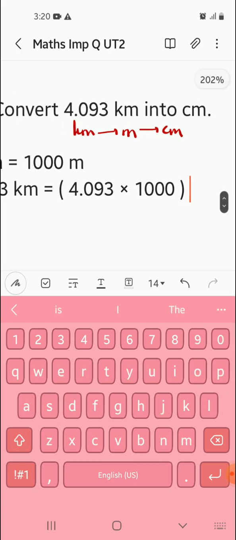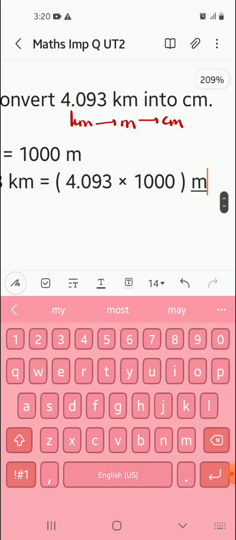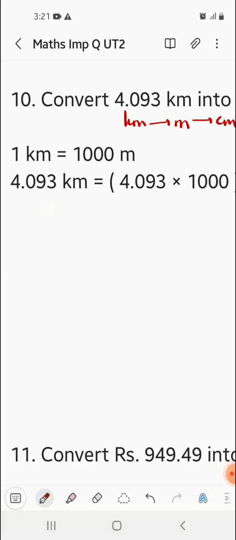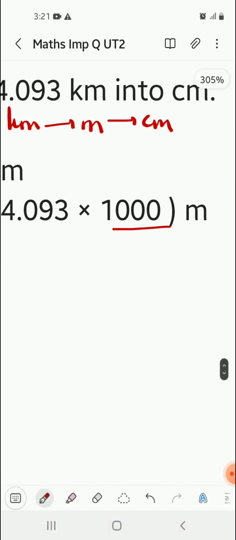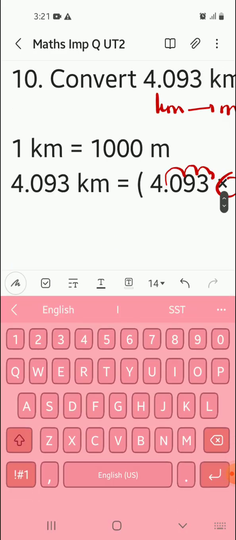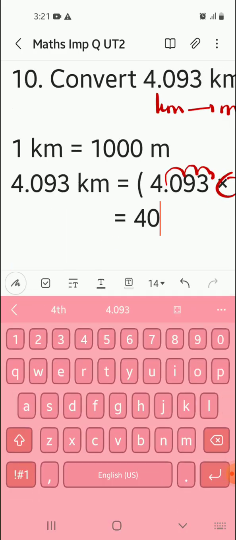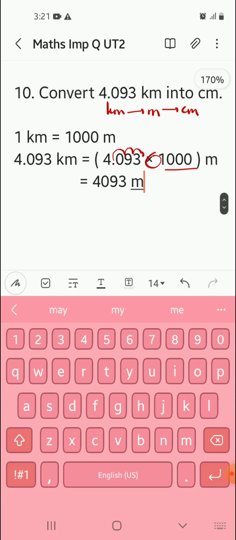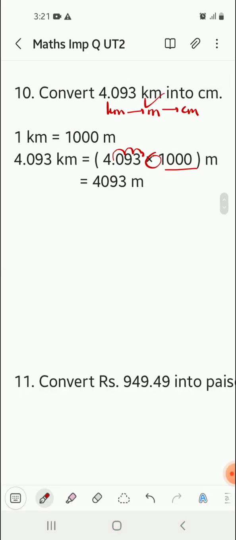So this becomes meter. After converting, see, there are 3 zeros, so the decimal point will shift once, twice and thrice to the right because we are multiplying. So my answer will be 4093 meter. Now we have to convert from meter to centimeter.